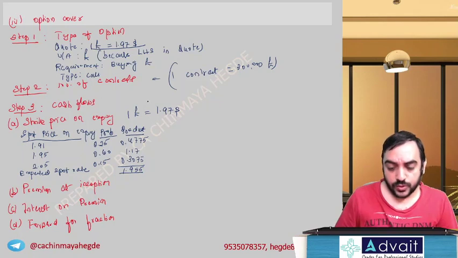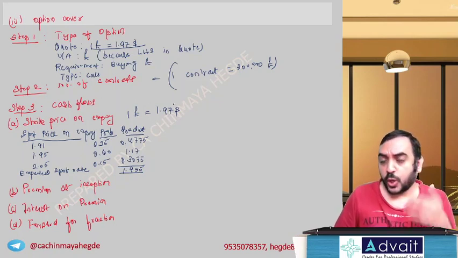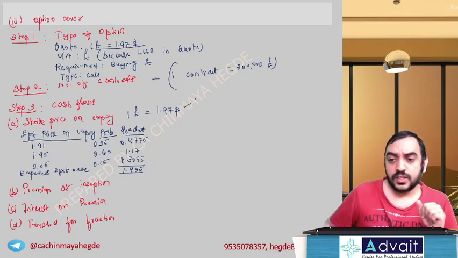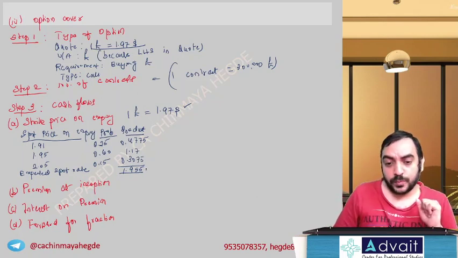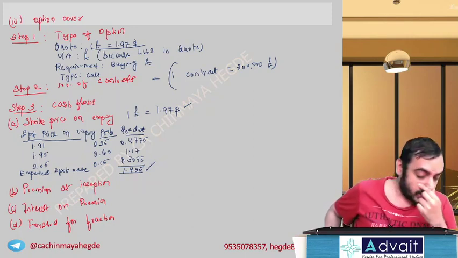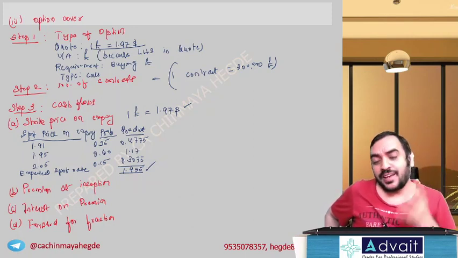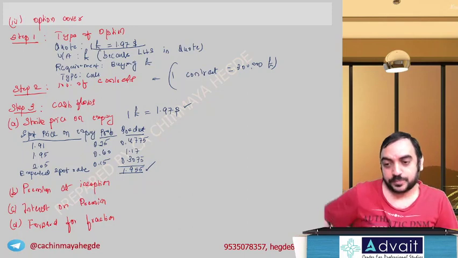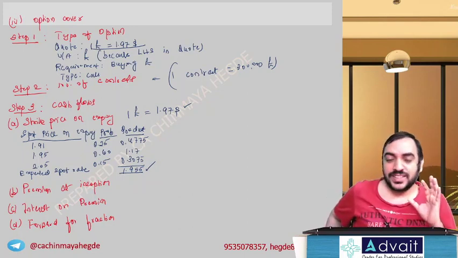Okay, so we are talking about call option. Here 1.97 is the strike price. 1.955 is the expected market price. Now, is the option exercised or not? Back to basics.